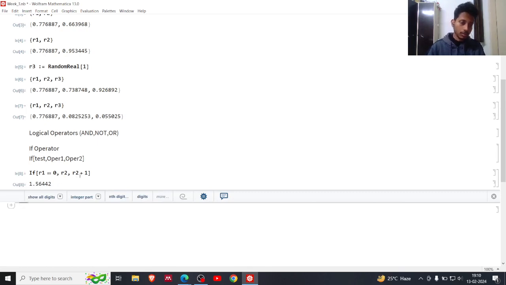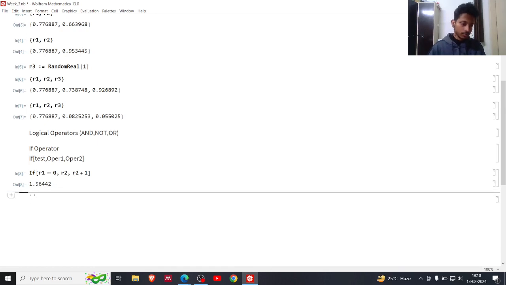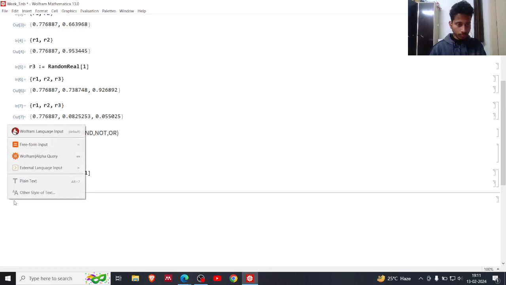We have executed r2 plus 1, and this is 1.56442. This is how the If statement works. Then we will have the For loop.